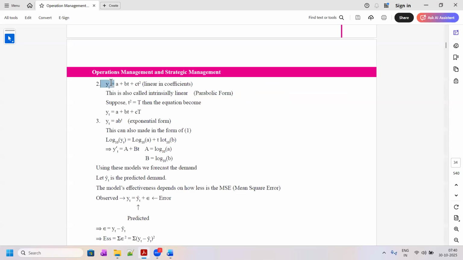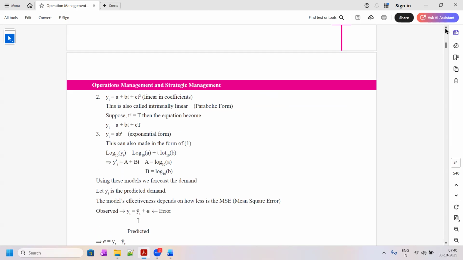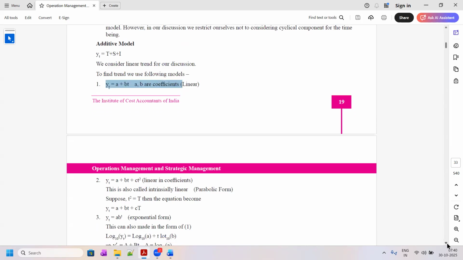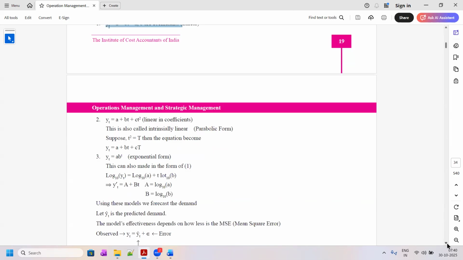You can see this is a parabolic relationship. It can also be an exponential relationship, but we'll focus more on linear relationship only. We will not try to go into detailed analysis of parabolic or exponential.